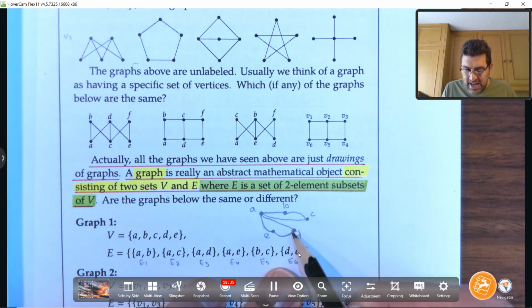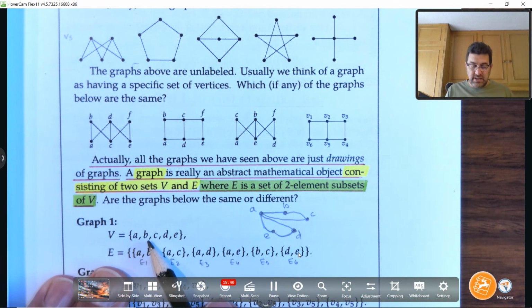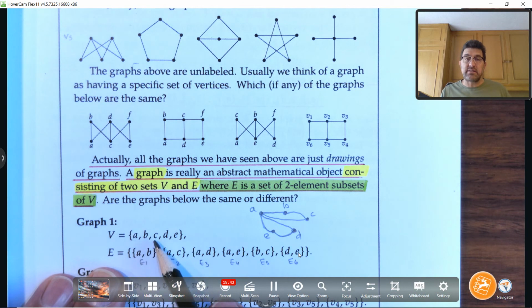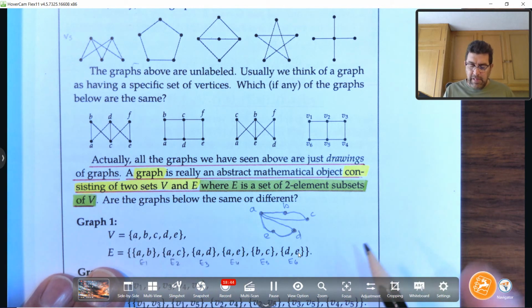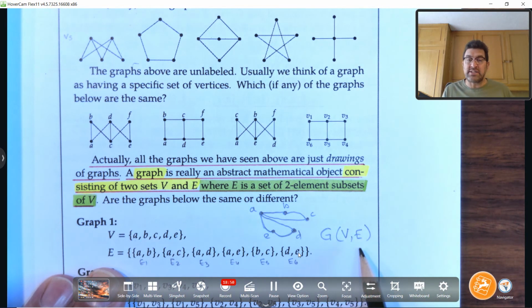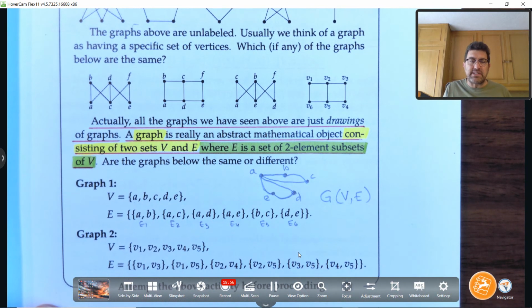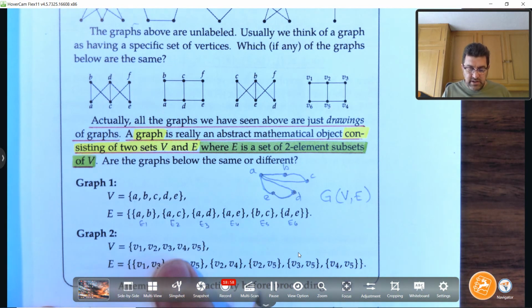So that is a representation of what this edge set and vertex set represents in terms of a graph. So each graph can be written as a set of vertices and a set of edges, and that's how we refer to our graphs. We're going to talk more about that later. Now the same happens here at the bottom. There's another way of saying exactly the same thing, and we can draw that graph if we want to.